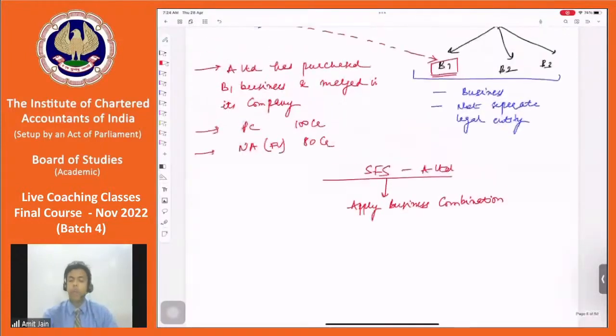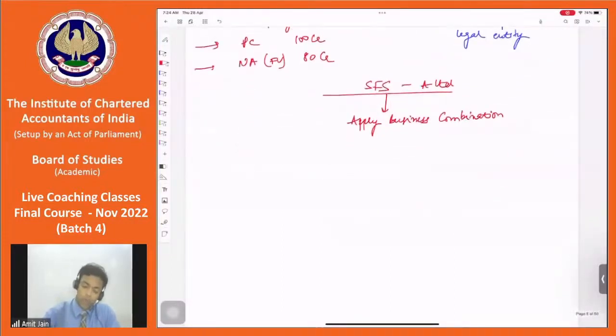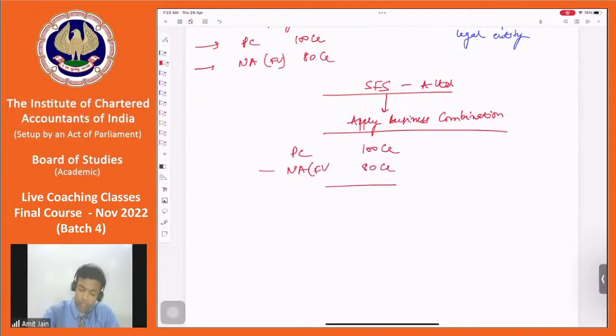Why? Because it is a case of merger. My trial balance and the B business trial balance will get merged into a single trial balance, right? So I need to compute goodwill: purchase consideration 100 crores minus net asset 80 crores at fair value is equal to my goodwill.